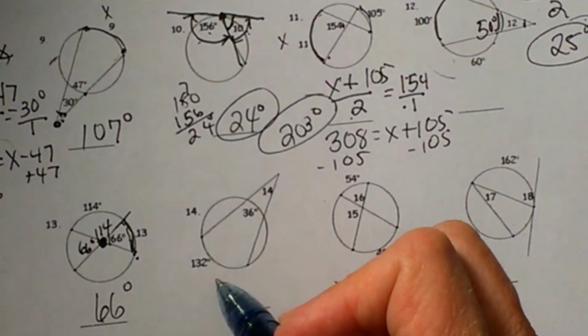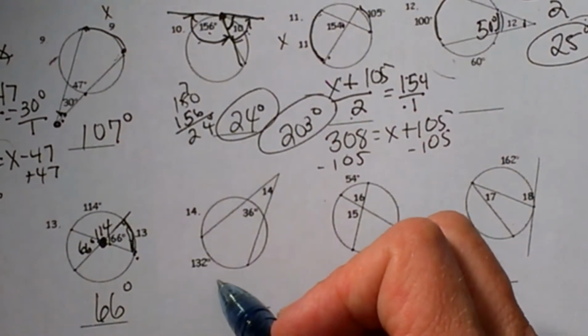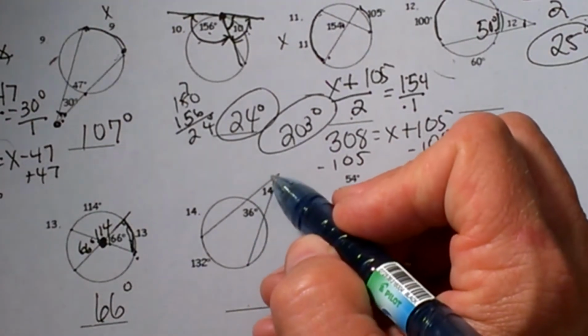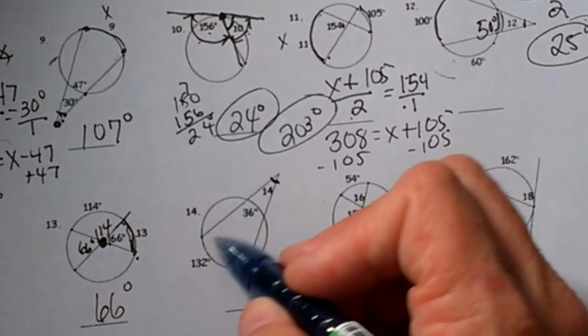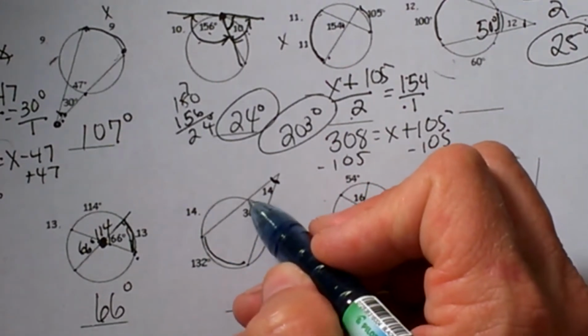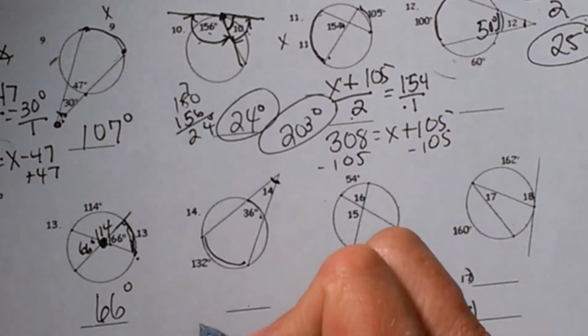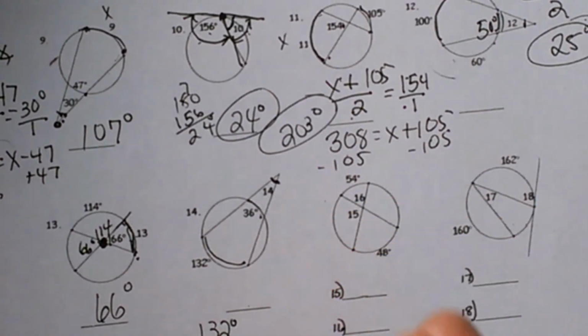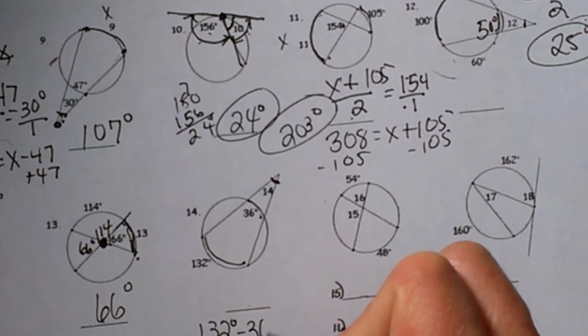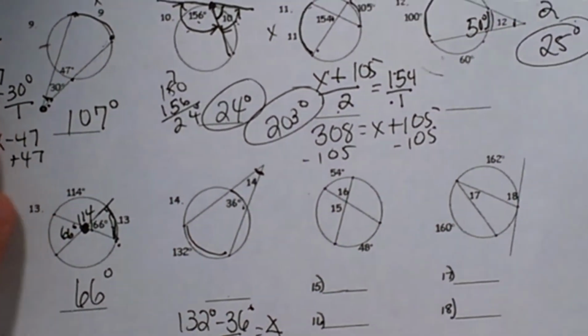Okay, number 14. This one's pretty darn straightforward. We're looking for an outside angle. So we're going to use the big arc minus the small arc divided by 2 to get the angle. We didn't have to find anything. So we'll take 132 minus 36, and we're going to divide by 2, and that's going to give us our angle. Oops, you can't quite see that.